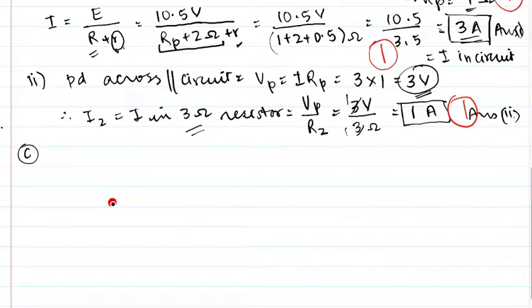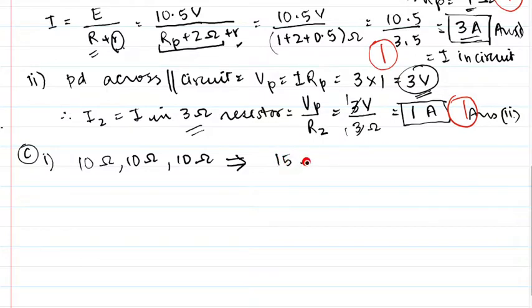Let us come to question number 1C. First part, you are given 3 10 ohm resistors. So we have 10 ohm, 10 ohm and 10 ohm, and we have to connect them in such a way to obtain an equivalent resistance of 15 ohms. They say draw the diagram and show the working to support your answer.